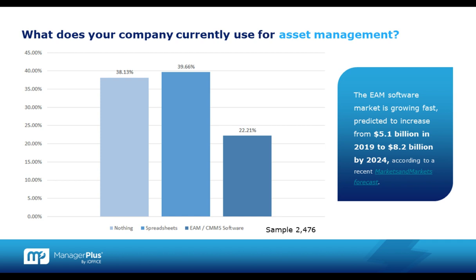So what's really surprising here is that almost 80% of the companies and organizations that we're speaking with are either relying on paper and pen or spreadsheets or doing nothing at all. So going back to the growth projections of the EAM market, we expect that this number will decrease, meaning the number of people that are not using software will decrease significantly over the next few years.